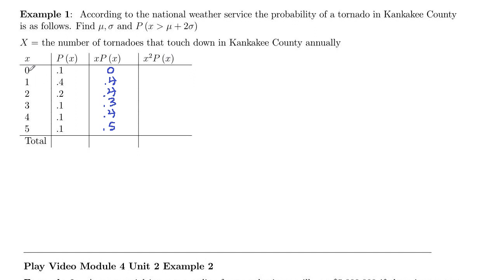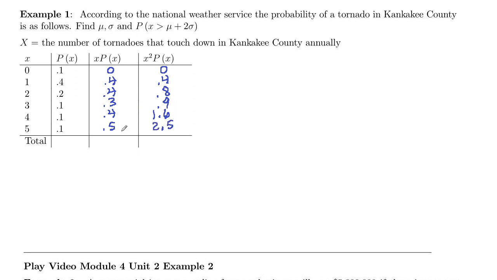So we square this x value and then multiply it by the second column. 0 squared times 0.1, 0. 1 squared is 1 times 0.4, 0.4. 2 squared is 4 times 0.2 is 0.8. 3 squared is 9 times 0.1 is 0.9. 4 squared, 16 times 0.1, 1.6. 5 squared, 25 times 0.1, 2.5.